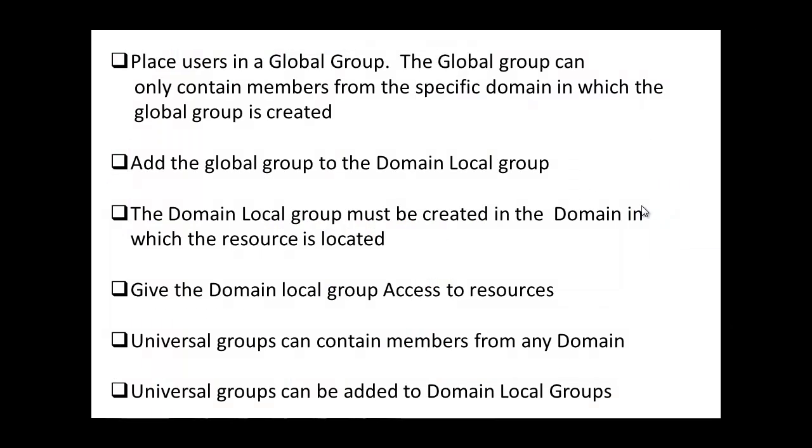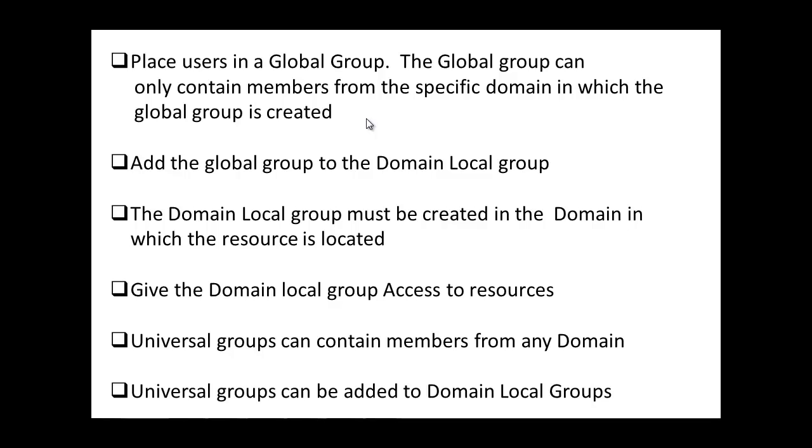Okay, let's go over some basics about groups and how the groups are placed for access to resources. Users in a domain are placed in a global security group. That global group can only contain members from the specific domain in which the global group is created.